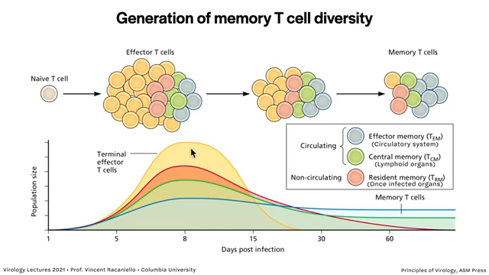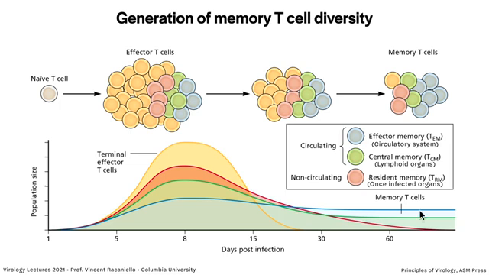And then as time goes on, the number of effectors goes down, and they're replaced by different kinds of memory cells, which also proliferate early in infection. As you can see by the colors, we have effector memory cells, TEMs. Those are the blue ones there. Those move around in your circulation. We have central memory T cells, TCMs, which are mainly in lymphoid organs.